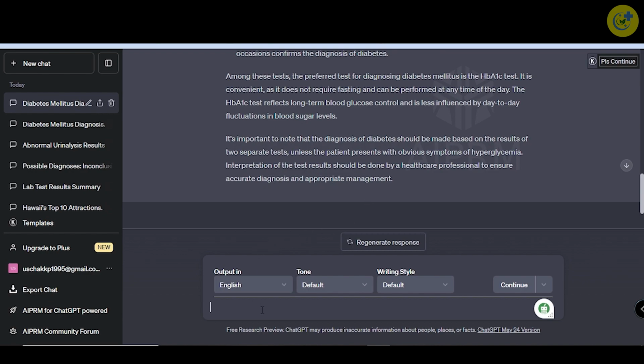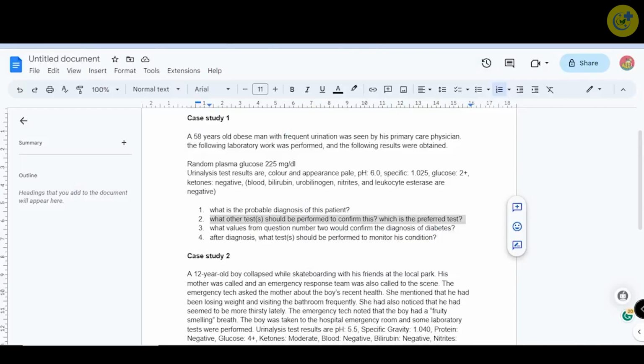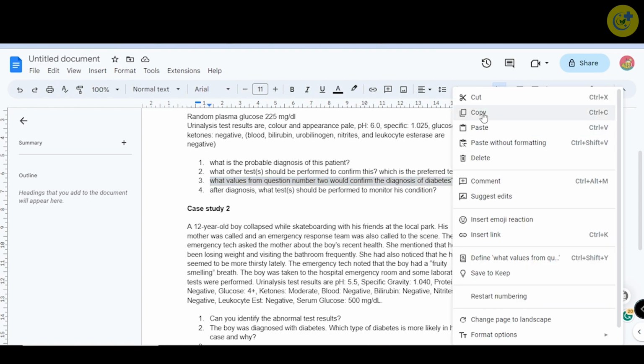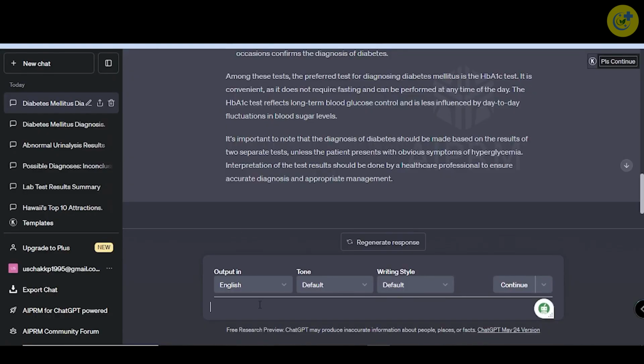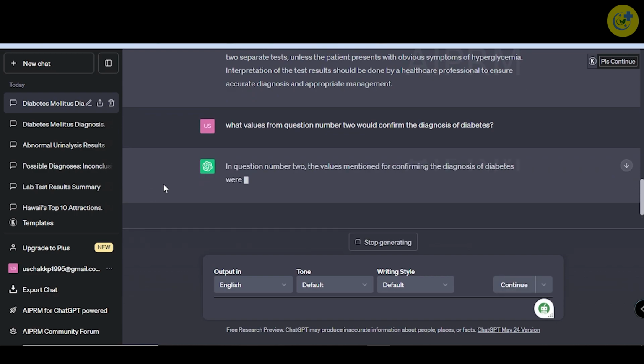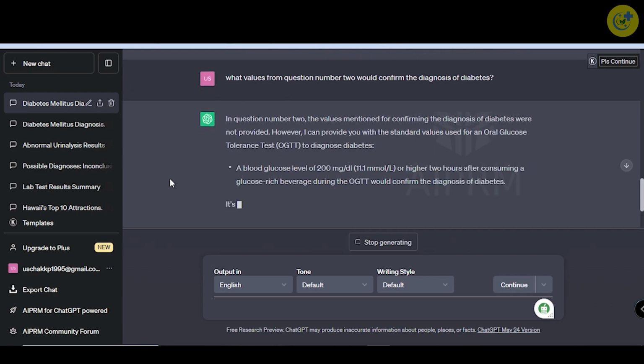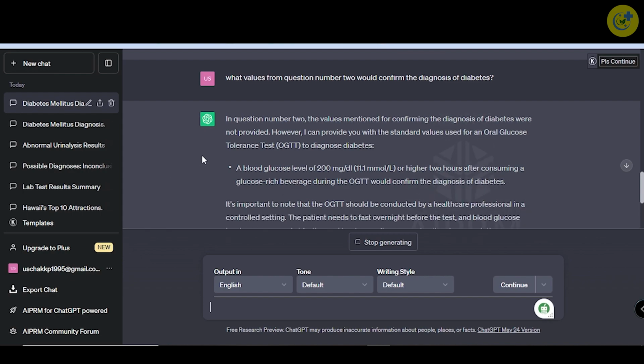Okay, so my third question: what values from question number 2 would confirm the diagnosis of diabetes? So I copy and paste, enter. Great.